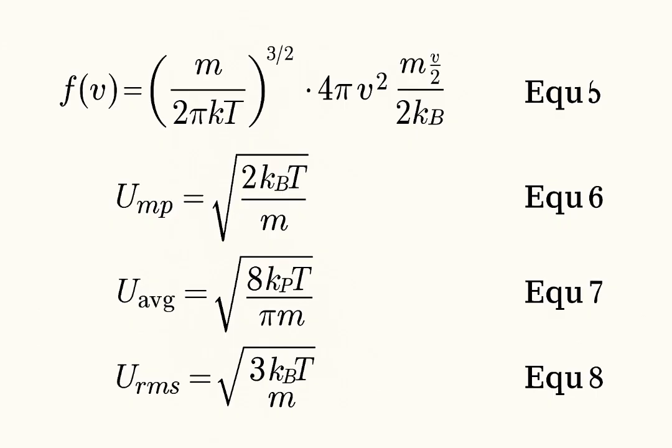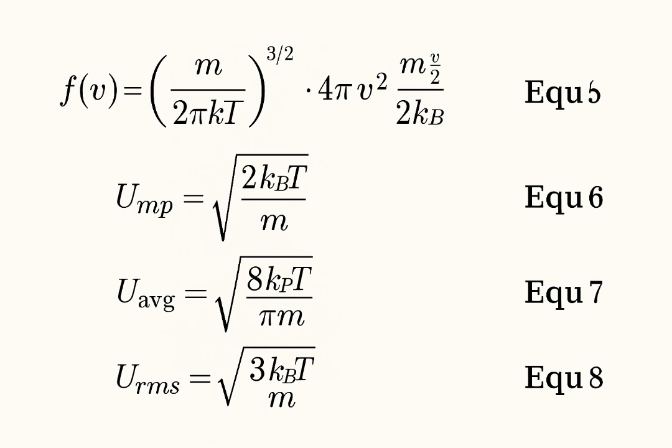2.3.1 The Maxwell-Boltzmann distribution curve was used to illustrate these speeds or velocities. Most probable speed, u_mp, in equation 6, is the speed at which the largest number of molecules are moving. It corresponds to the peak of the Maxwell-Boltzmann distribution curve.